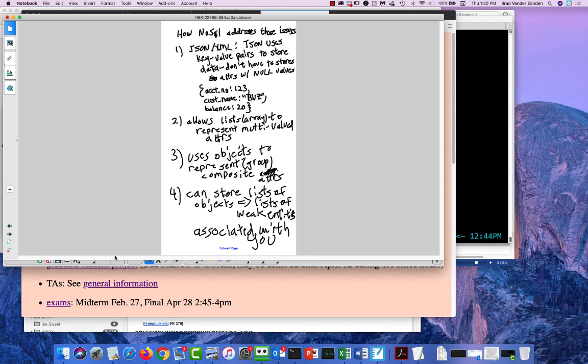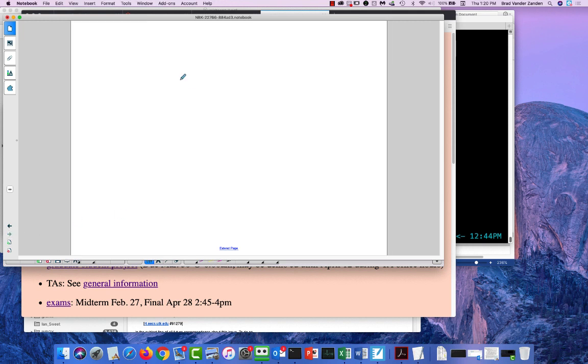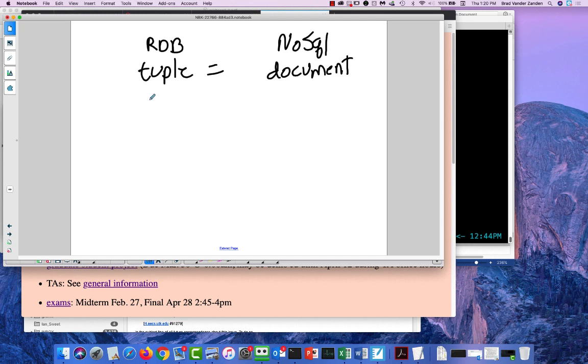So in a relational DB, you would talk about a tuple or a row. In NoSQL, you would typically call it a document. And in a relational database, you would talk about a relation. In NoSQL, you call it a collection. So NoSQL is often talking about collections of documents.